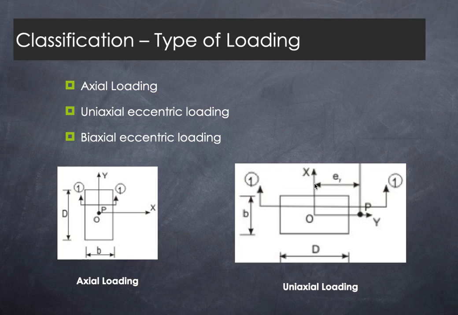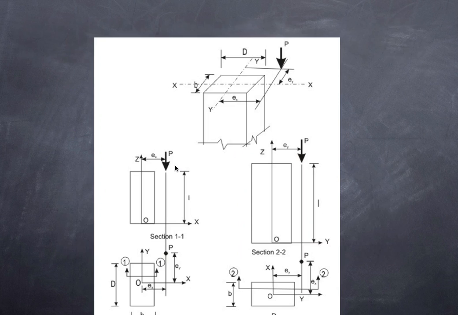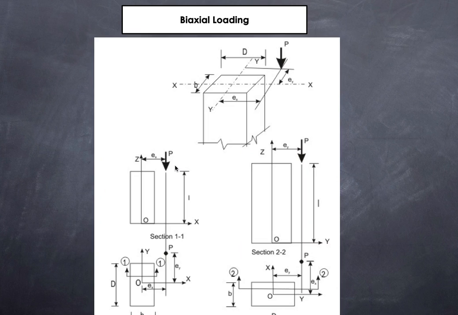But in some cases it may happen that the load is eccentric about both axes. In that case we call it biaxial eccentric loading. How does it happen? You can see this figure. This is a column. Here is the point of application of load. Here is the centroidal axis of the column.